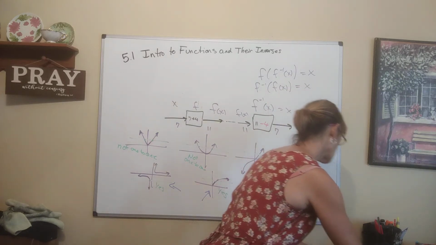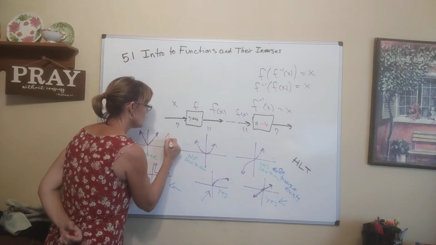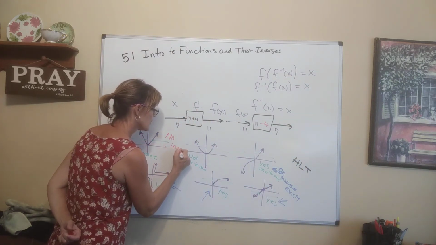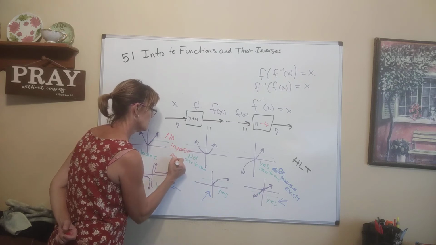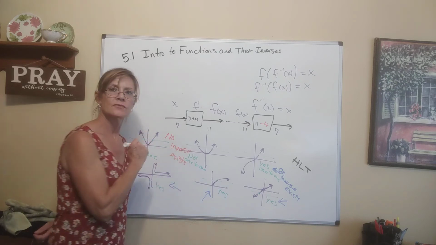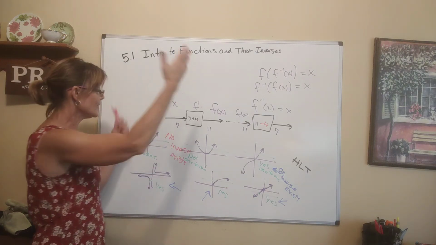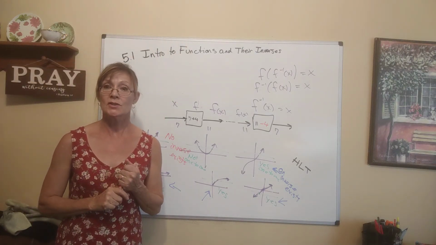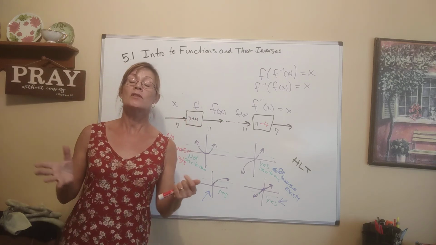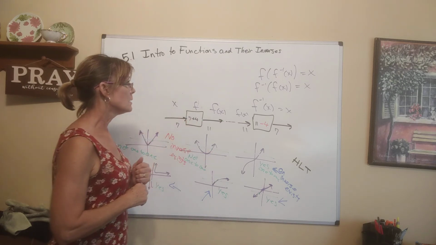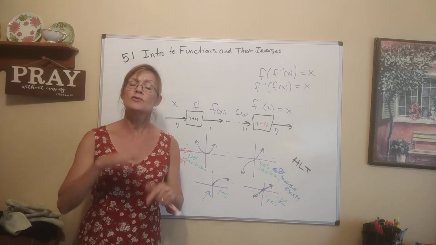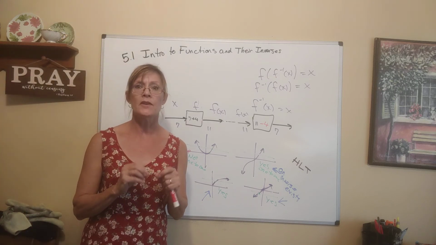They failed the horizontal line test, therefore no inverse exists for these functions. So this is a very brief introduction to what in the world an inverse function even is. It totally undoes what the function did. And in the next videos, you'll get to see those in some specific examples.